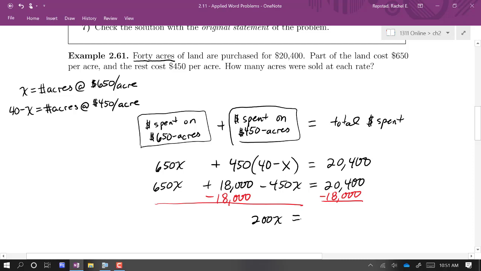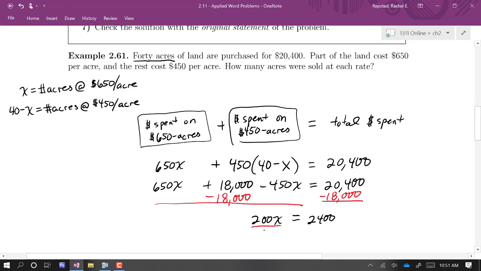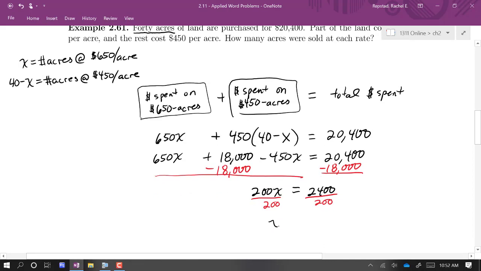And 20,400 minus 18,000 is 2,400. And we'll divide both sides by 200. And we find that x is 12.